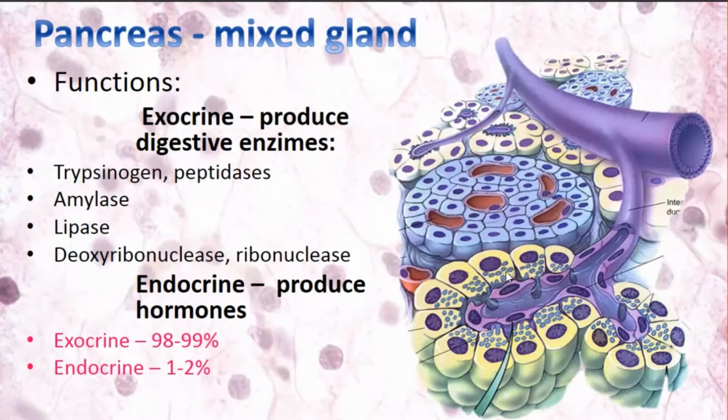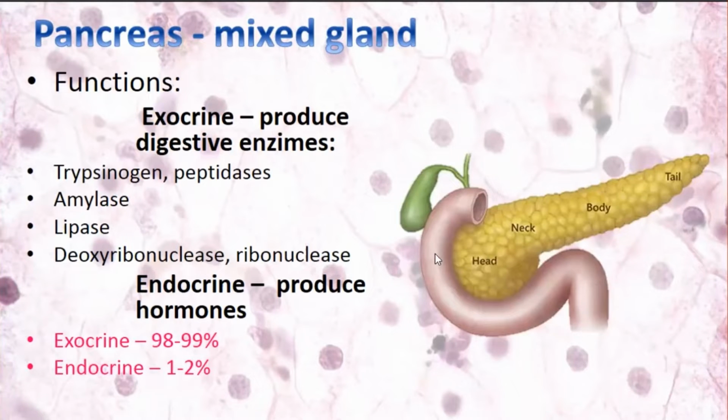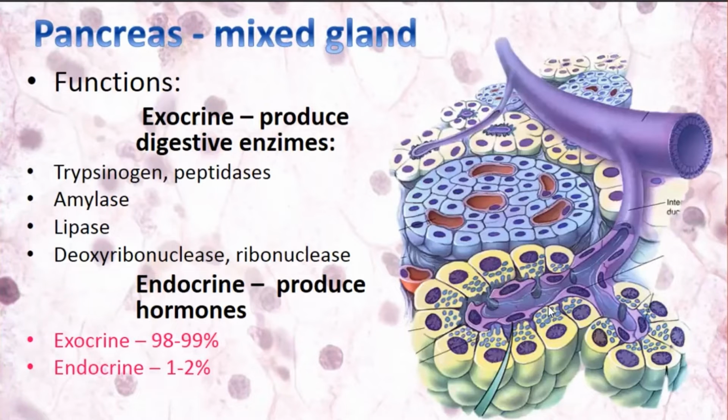And different structures of pancreas provide different functions. So we have the exocrine part of the pancreas and the endocrine part of the pancreas. The exocrine part is formed by pancreatic acini, secretory units, and ducts, which collect secretory products from the acini and release them into the cavity of the duodenum.